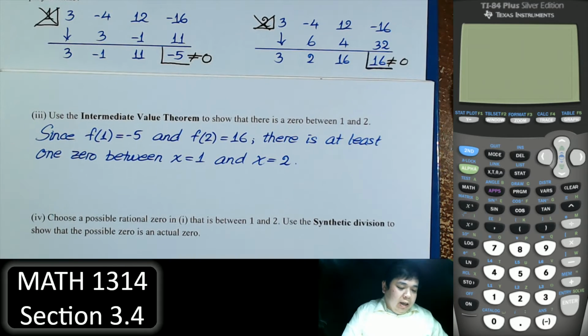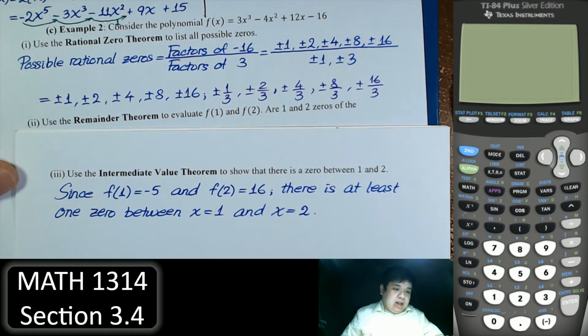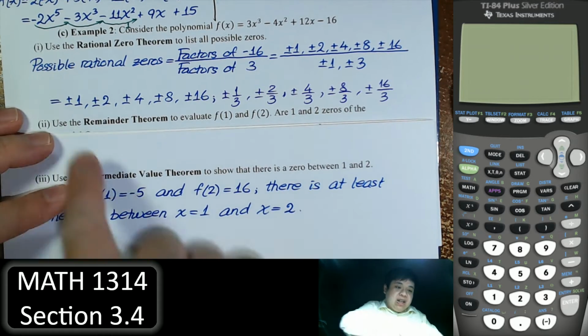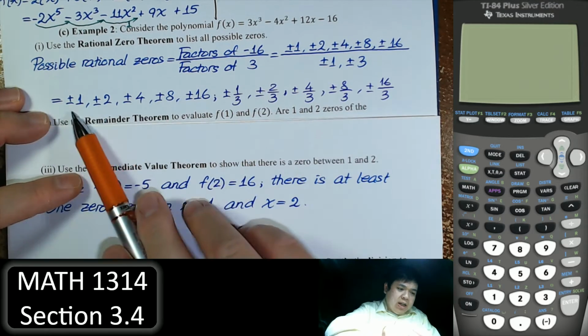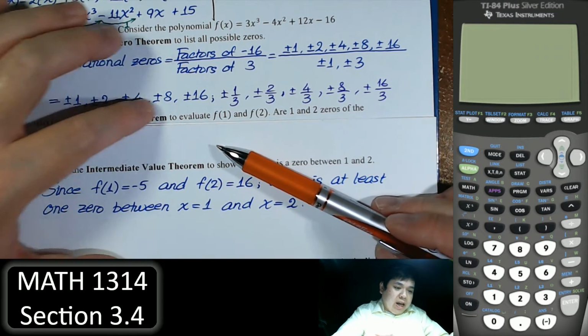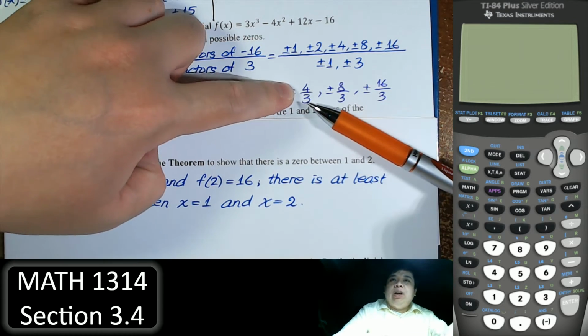Now, if we have to guess which one between 1 and 2, of course we only pick the numbers that are in this list, right? We're not gonna choose any random number. Right, so what number in here is between 1 and 2? Well, not any of those. Not that, not that. Right. 4/3 is 1.33.